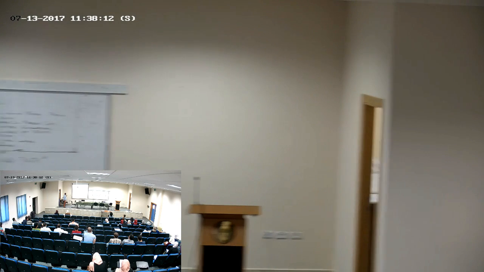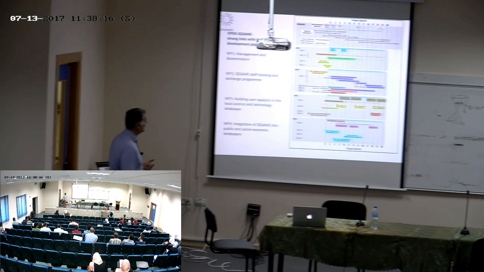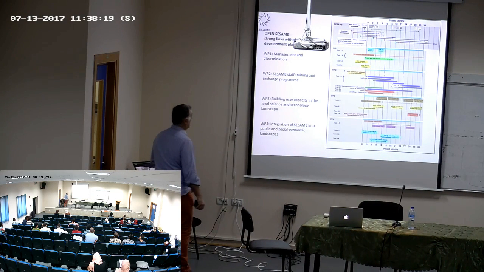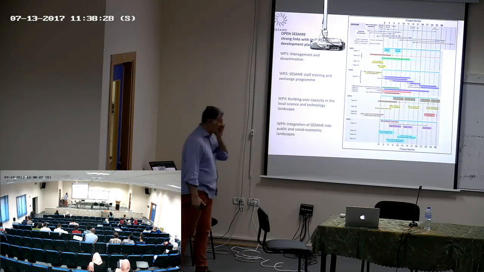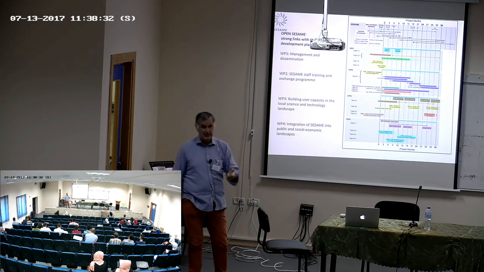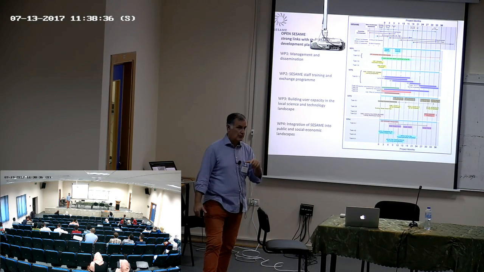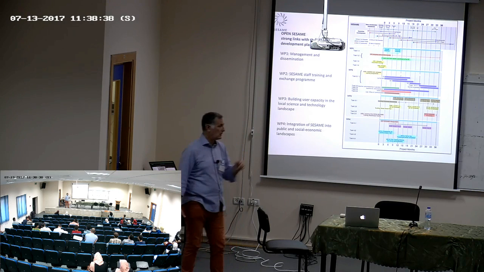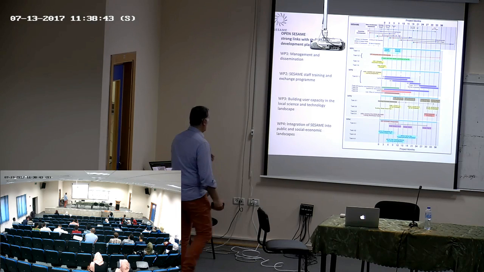Jihan went one month ago to Soleil, and she is going again to Soleil in October. We have had various visits at Sesame. One is going to start in ten days from now, an expert from Elettra, the Italian synchrotron, about RF cavities, with visits from ALBA and so on and so forth.